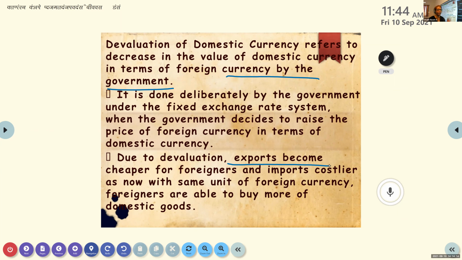See, depreciation and devaluation are both a fall in the value of the currency, but at the same time there is a difference. Depreciation is happening because of market forces, that is demand and supply.